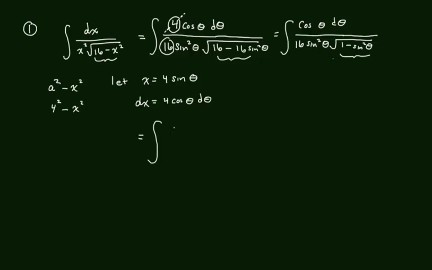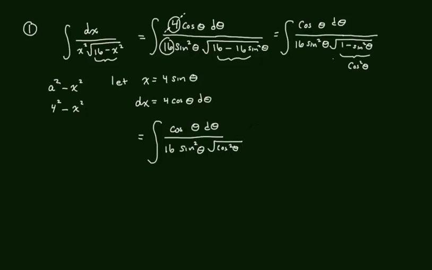So let's see, cosine theta d theta on the top, 16 on the bottom, sine squared theta on the bottom. But inside here, this is really the cosine squared of theta. So now we have radical cosine squared theta.